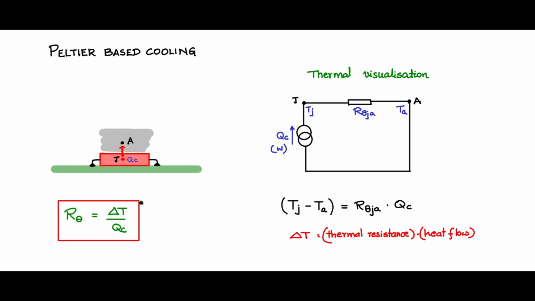Remember this. Delta T is in degree Kelvin, QC is in watts. So thermal resistance is in degree Kelvin per watt, or degree centigrade per watt, because when you take thermal delta T, it is a temperature difference. So you could as well use degree centigrade per watt. Both are numerically okay.